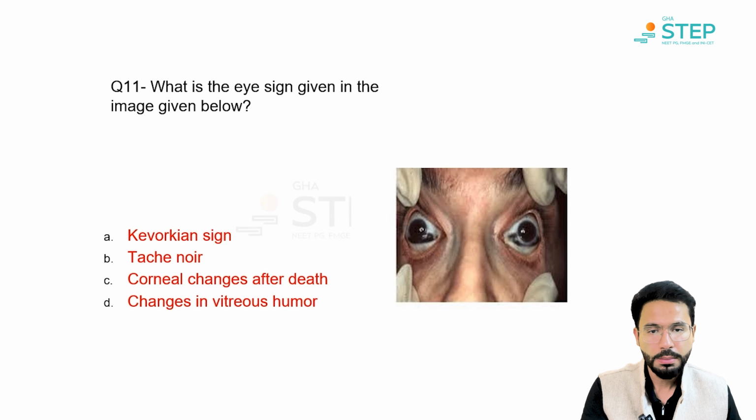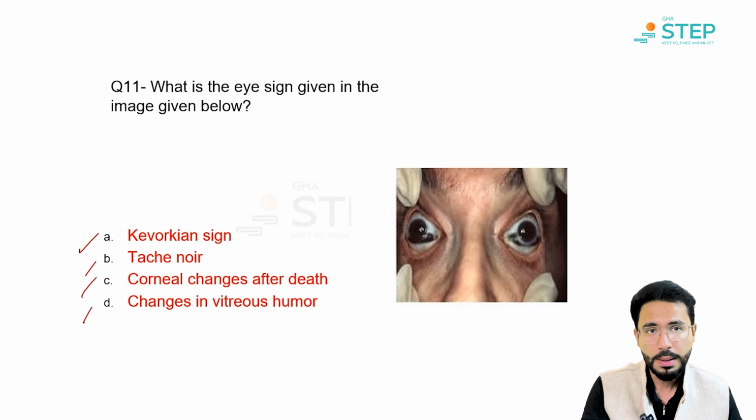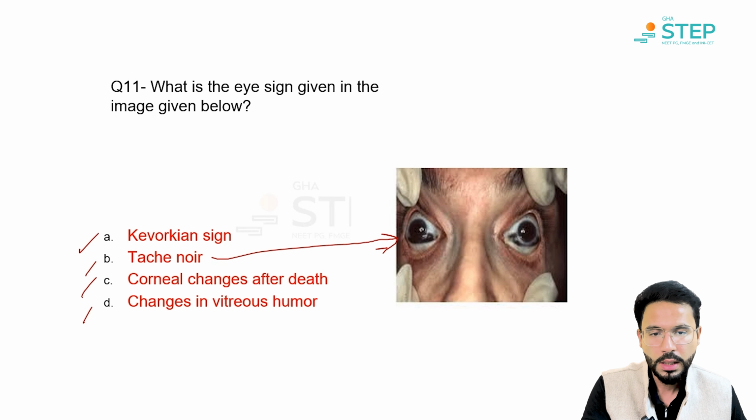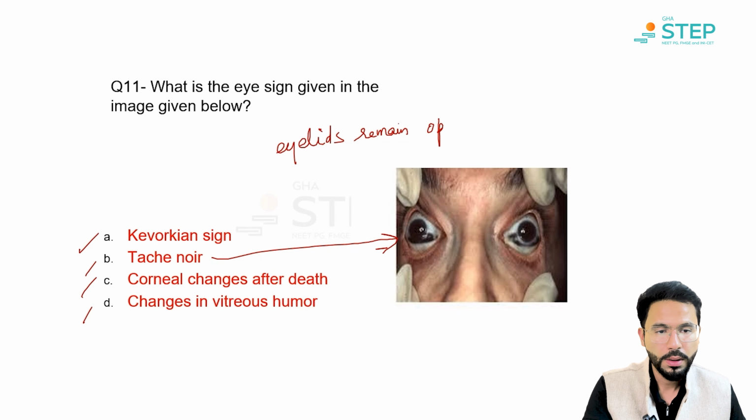What is the eye sign given in the image below? Everything here is talking about eyes: Kevorkian sign, tache noire, corneal change after death, and changes in vitreous humor. But very important to note is that the image shown here is of tache noire. What is tache noire? Tache noire is when eyelids remain open after death.